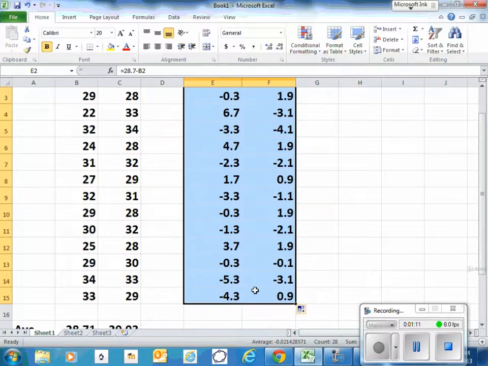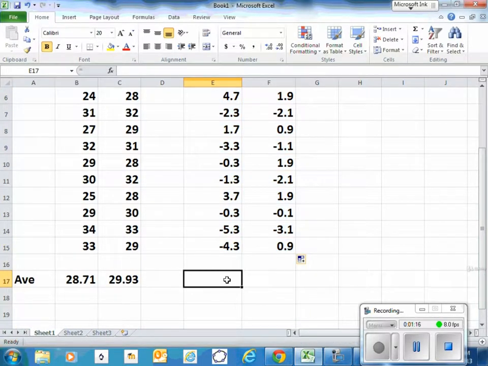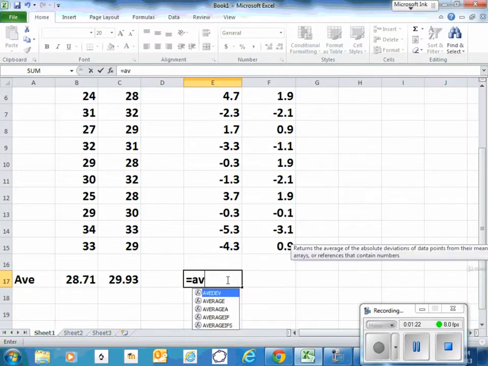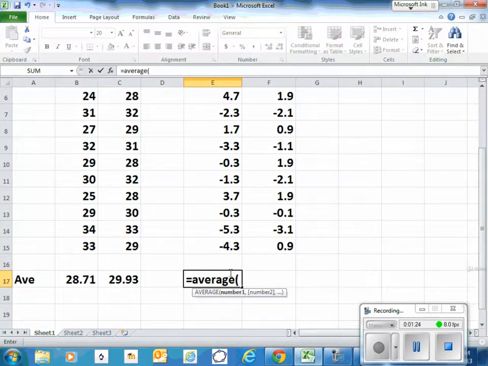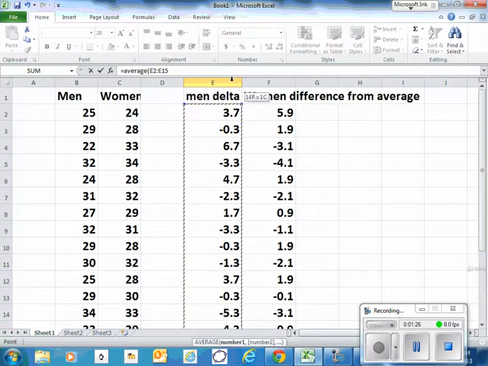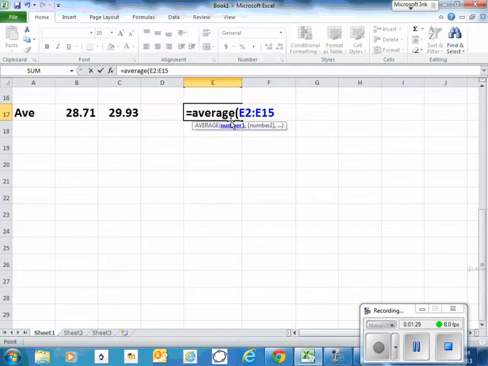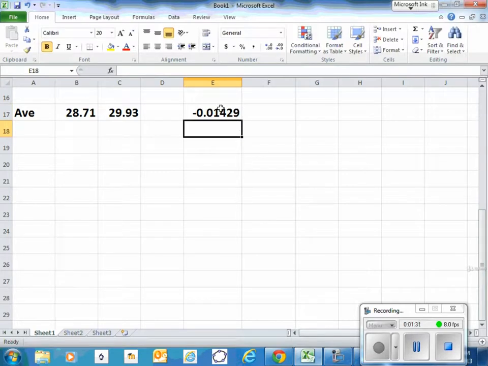So if we added all those numbers up, they would add up to, well, let's go ahead and find the average just so you can see. So it equals, and then we'll do the average of all these numbers, and the average is pretty close to 0.